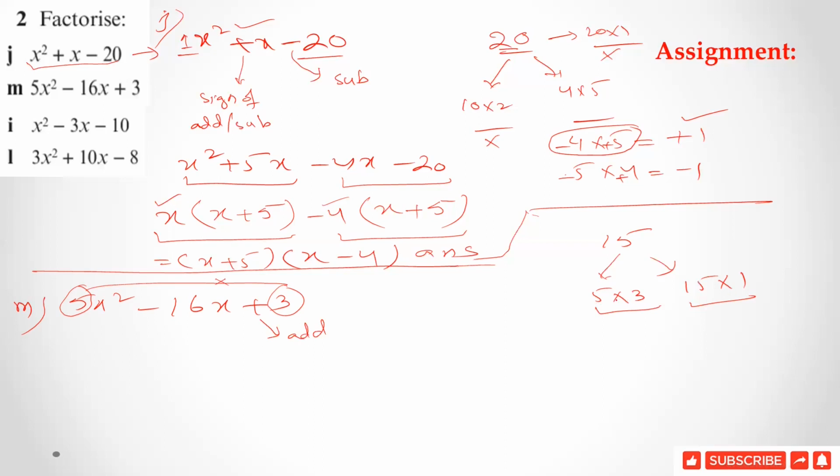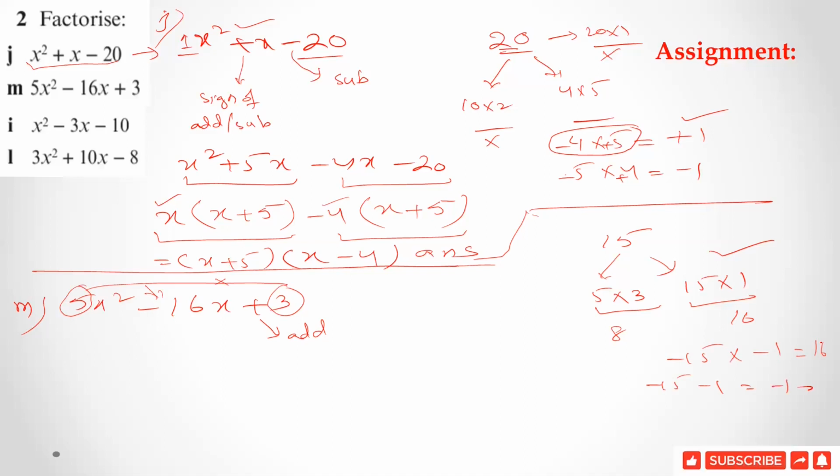So if I add 5 and 3, I get 8. But if I add 15 and 1, I get 16. Means this pair of factors is my target. Now you check, 16 is here, but the sign is minus. It means when you take -15 multiplied with -1, you get 15, and if you add -15 and -1, you get -16.